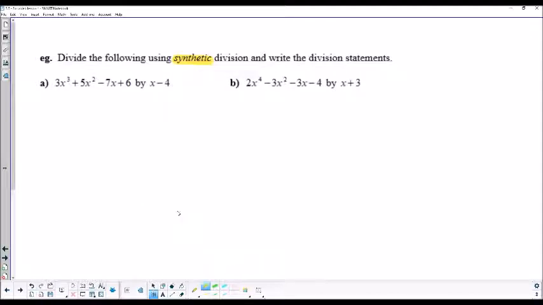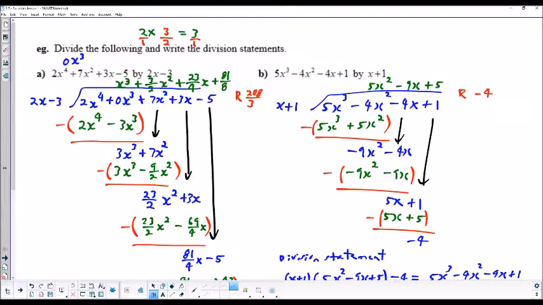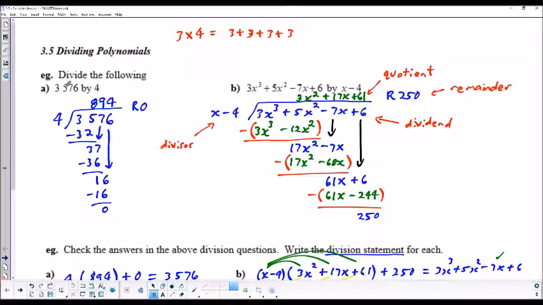And I'm going to show you, let's go back to the very first example, 3,576 divided by 4. Well, this long division takes up a lot of space, and we're writing everything out. Short division does exactly the same thing, except a lot of the calculations you do in your head.